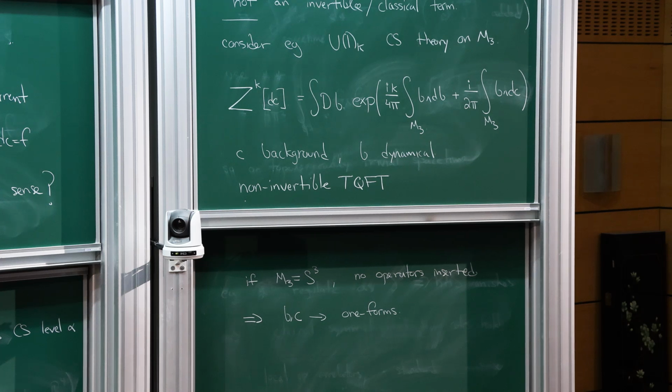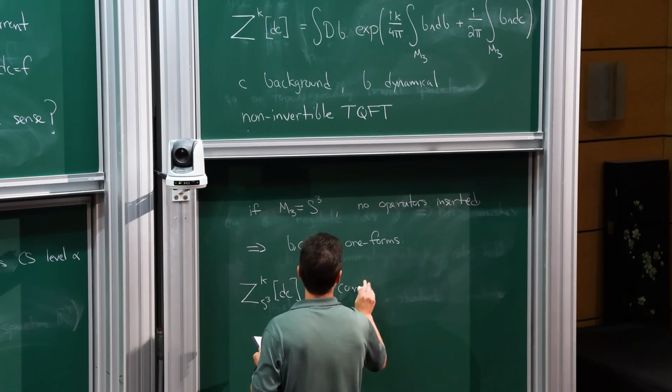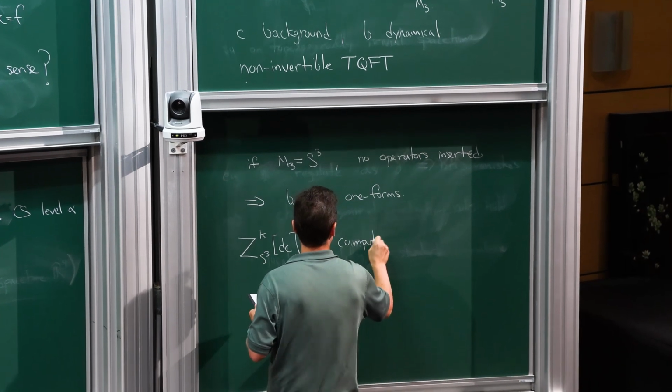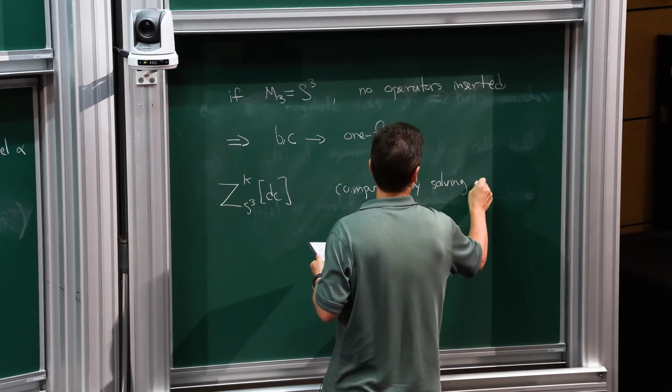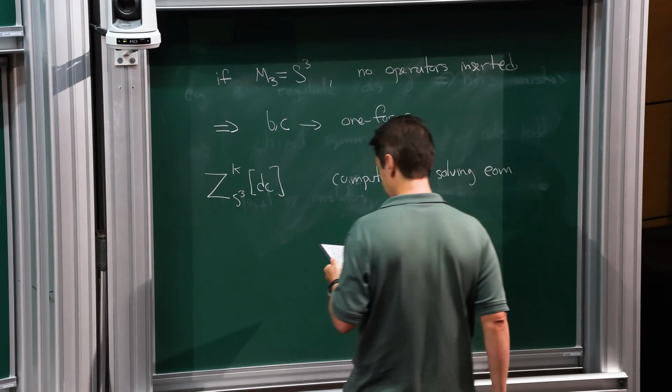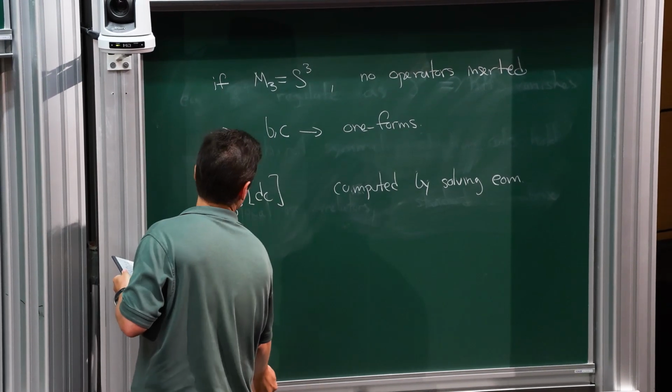So now it becomes very easy to do that path integral, right? Just a quadratic action of one-forms. So you can compute this Z_K. I'll put S3 here to remind us that we're computing that. This can be computed by solving the equation of motion. After all, it's a quadratic action.